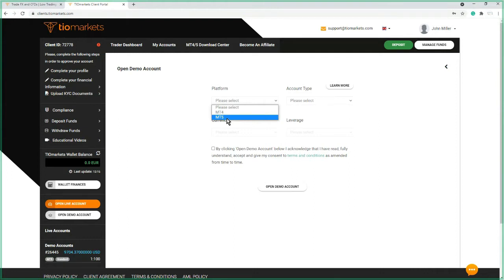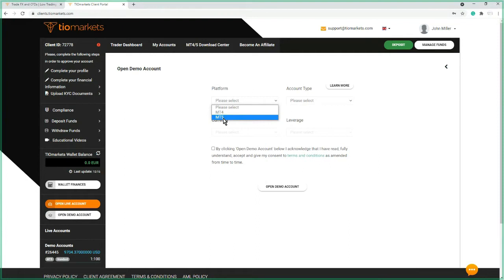I prefer MT5 after using both. You might have some indicators that only work in MT4, maybe some favorite indicators or EAs, and you want to therefore stick to MT4. But if you choose MT5, you get some more options which are useful.